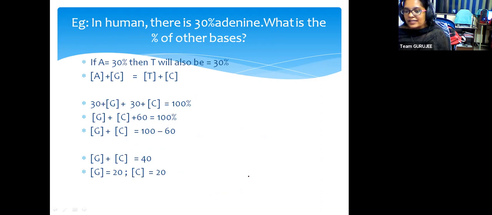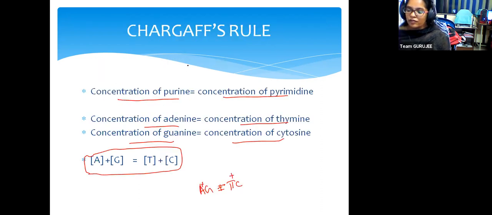Okay. They have given an example: in human DNA, there is 30% adenine. They are asking to find the percentage of the other bases. They have given the percentage of adenine, so can you say the percentage of the other bases? Tell me the answer.